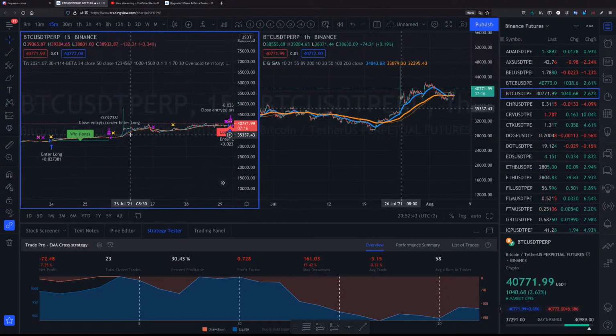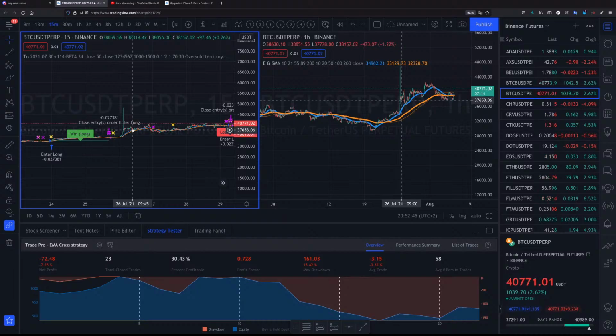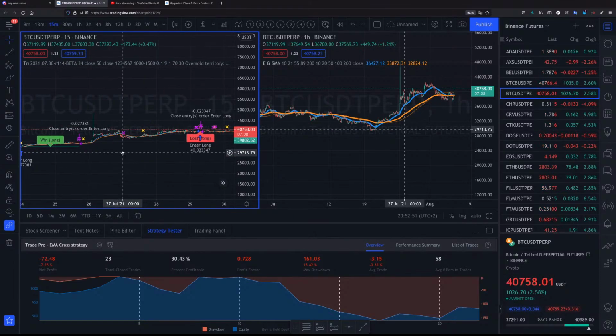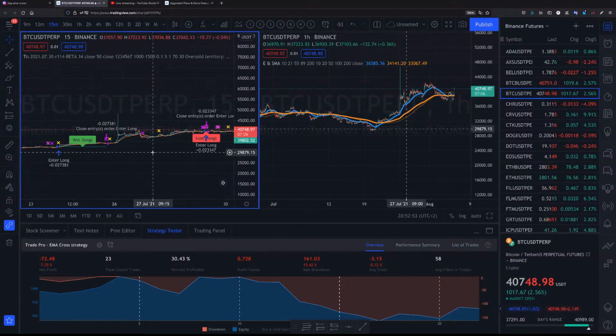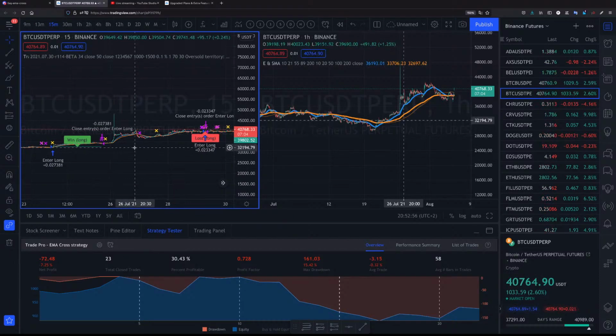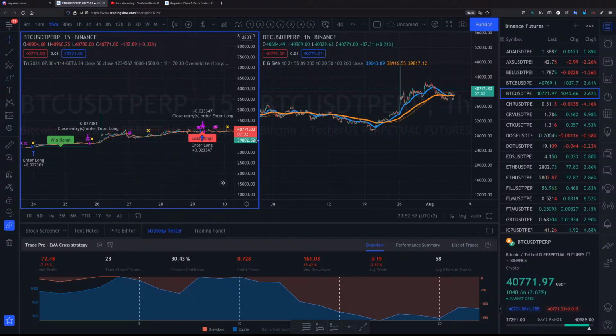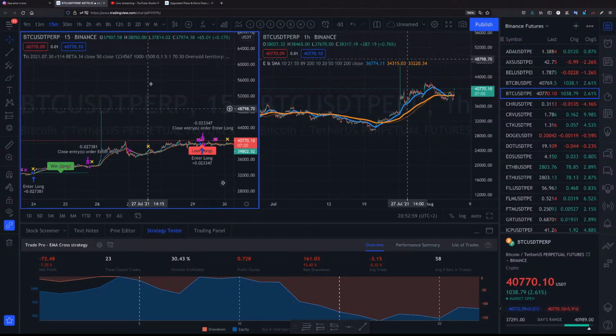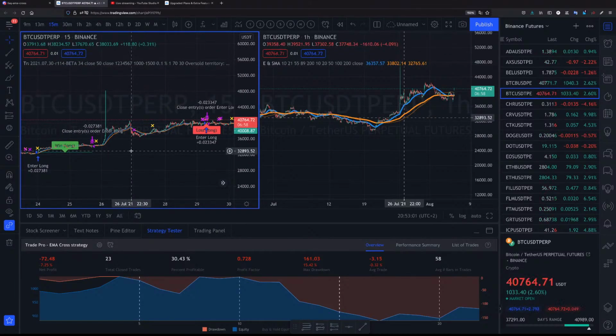Yes. Enter long. Where is this? Here. Closing here. No. I think it's a little bit confusing with these arrows here. It's not very clear where each of them stops.